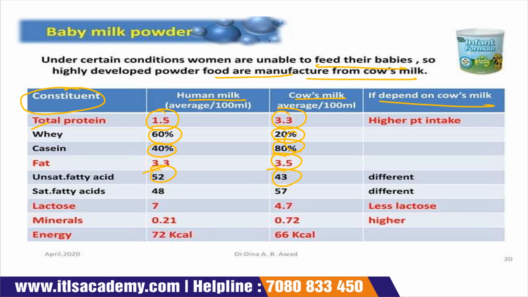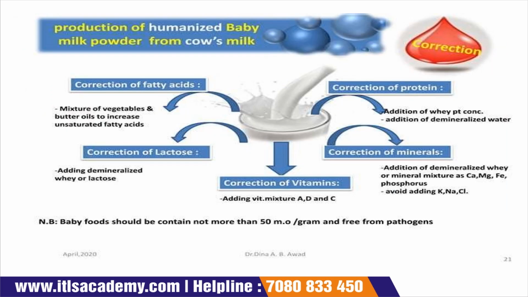Saturated fatty acid in human milk is around 48%, and in cow milk around 57%. Lactose is around 7 in human milk, minerals around 0.21, and it gives energy of around 62 kilocalories. In cow milk, lactose is around 4.7, minerals around 0.72, and it gives us 66 kilocalories.